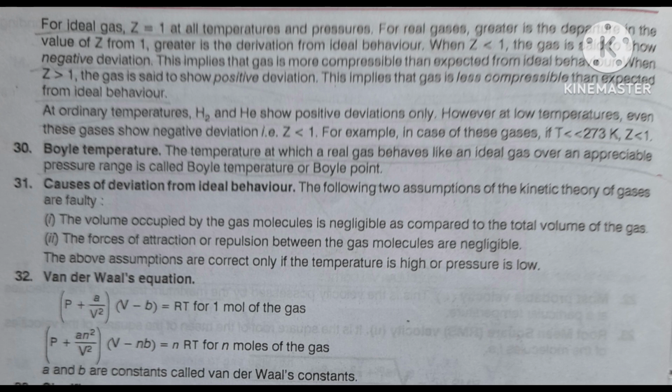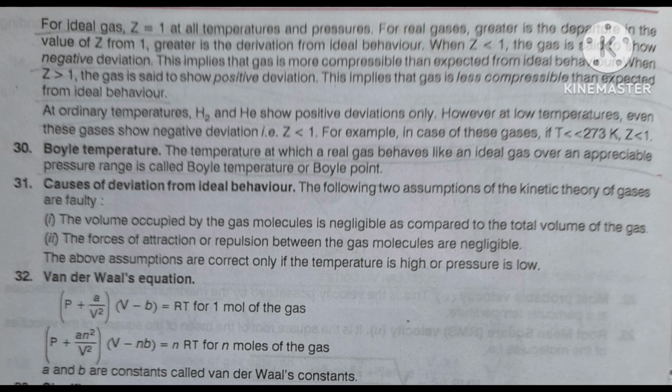Now PV equals RT was for the ideal gas. After the correction, the ideal gas equation will become the real gas equation, called the van der Waals equation. In place of P you write P plus a upon V square, and for volume you write V minus b.